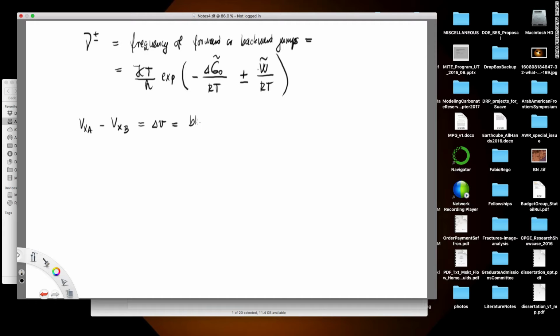So basically blame it on extra jumps, extra molecular jumps. And this frequency is in 1/s. Okay? And each jump I'm thinking is length a.